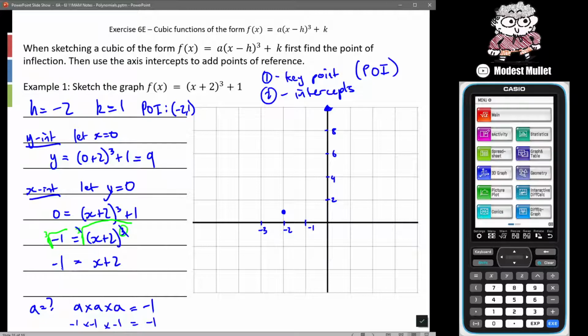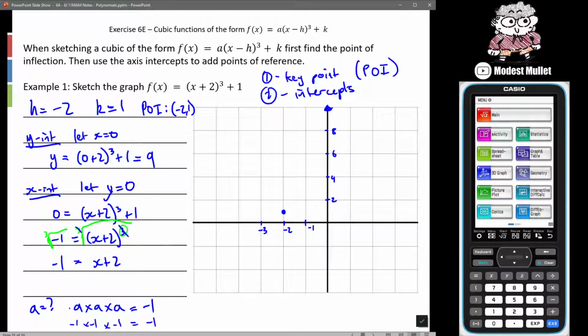So we get -1. If we were asked for, say, the cube root of 8, well, that's asking for what is some number a where a times a times a is equal to 8. Well, in that case, a is equal to 2. So that's all the adjustment we need to make for a cube root.